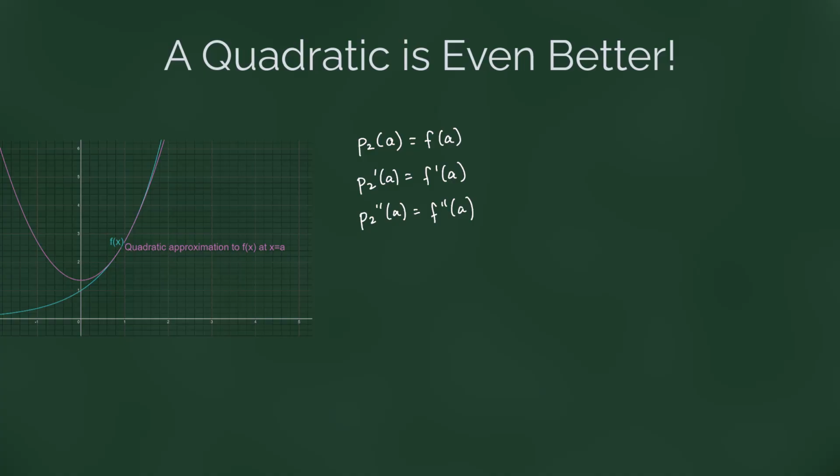Given that we already have a first-degree polynomial, let's see what happens when we let P2 of x be P1 of x plus some quadratic piece.